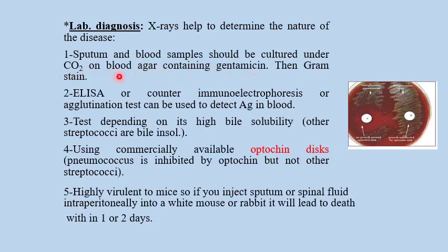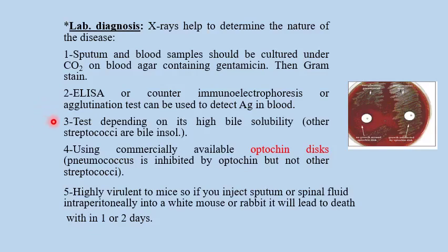So blood agar here and anaerobic condition, what will happen is complete hemolysis of the RBCs. And gentamicin is added in the media to make it selective, because the organism can grow on gentamicin. And then it undergoes gram staining. ELISA or counter immunoelectrophoresis or agglutination test can be used to detect the antigens in the blood.